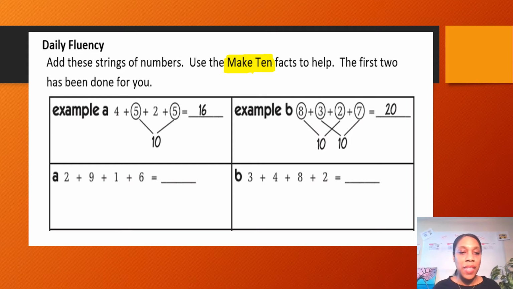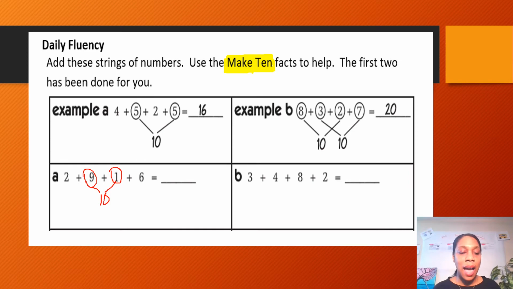Well, I know that the add-in 9 and 1, when I put them together, make the number 10. So by putting these two numbers together to make the number 10, I can now focus on the other two add-ins that are left, which are 2 and 6.